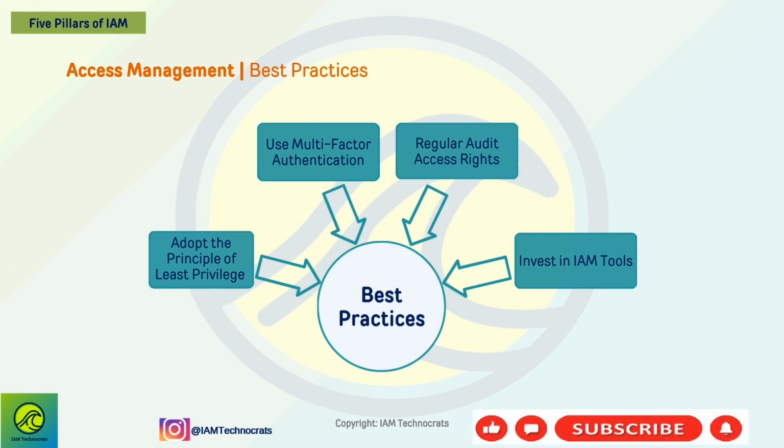Let's see the best practices to follow while implementing access management. Adopt the principle of least privilege. It grants users the minimum level of access necessary for their roles. Use multi-factor authentication.